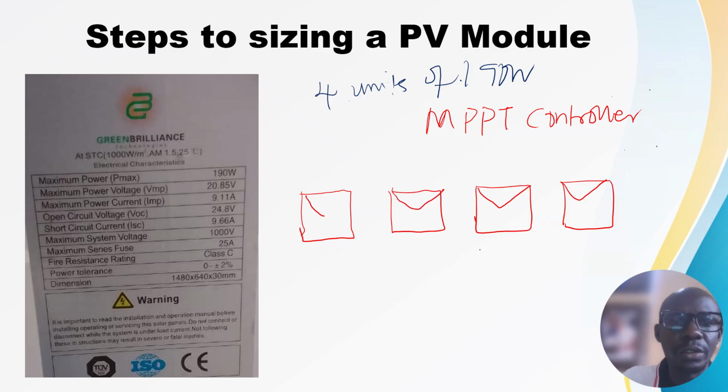This is the objective symbol for a solar panel. And remember, this is the positive side, this is the positive side, this is the positive side, this is the positive side. And this is the negative side, negative side, negative side, negative side.